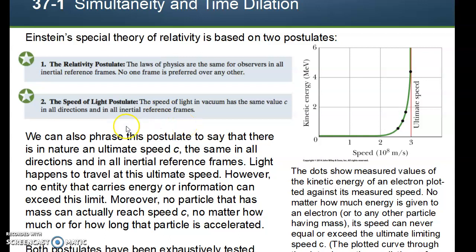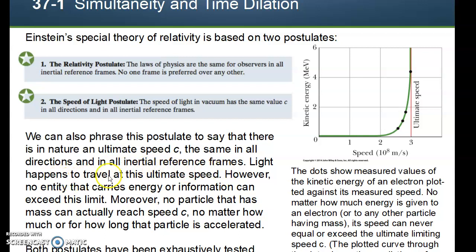Now, a postulate is not the same as a law. A lot of things indicate that it's correct, but they have not been able to prove it. We can also phrase this postulate to say that there is in nature an ultimate speed, the speed of light, c, the same for all directions for all inertial reference frames.